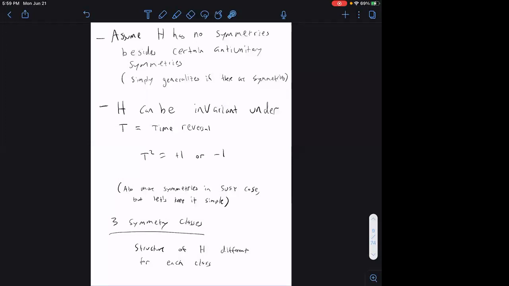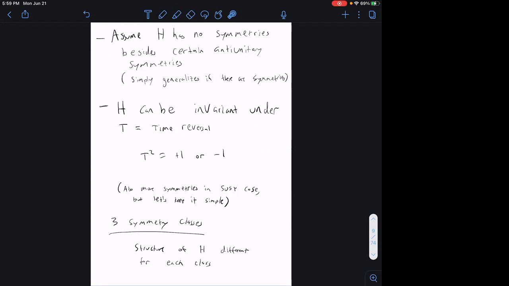There are Hamiltonians with no time reversal invariance, Hamiltonians with time reversal invariance where T squared is +1, and Hamiltonians with time reversal invariance with T squared is -1. The structure of these Hamiltonians, and therefore the statistics of their eigenvalues, are going to be different for each of these three cases, so we have to talk about them separately.